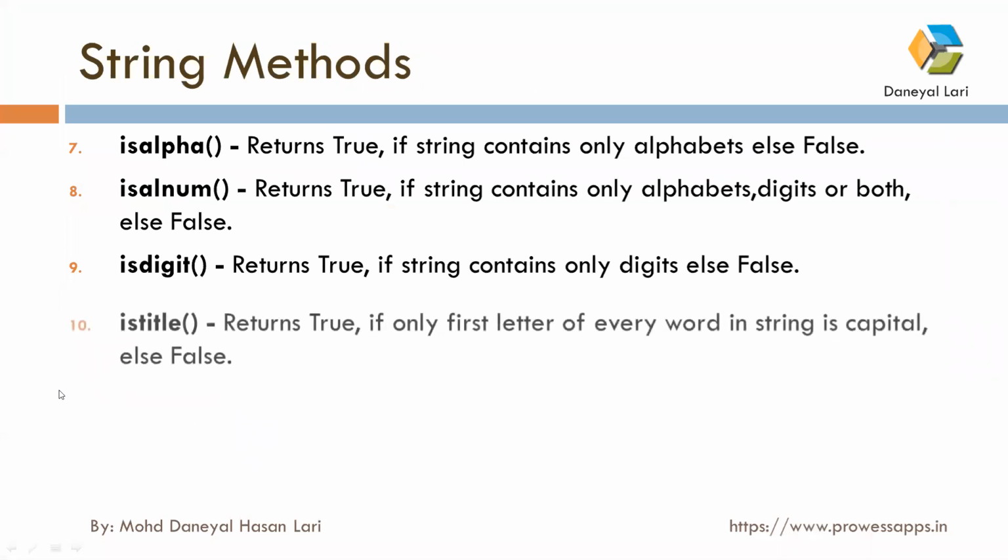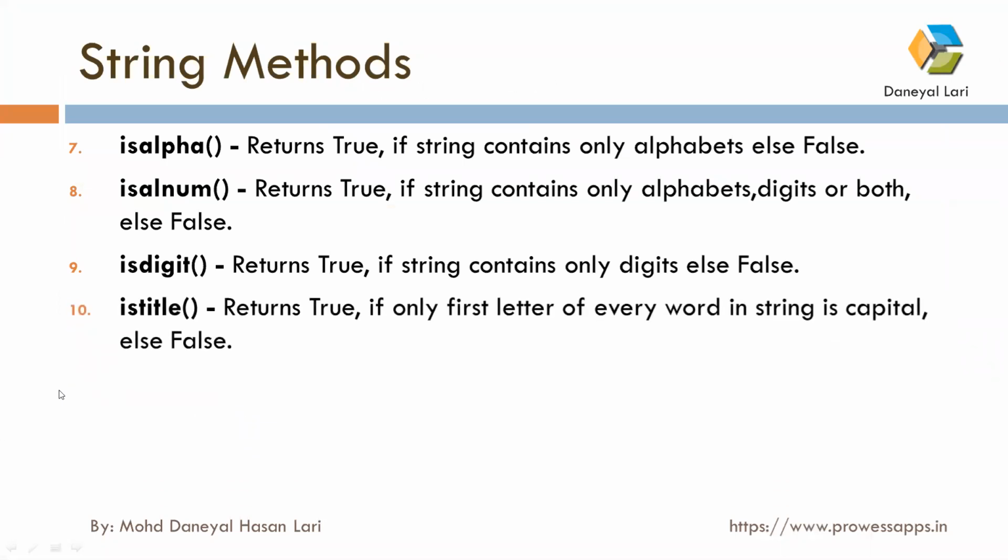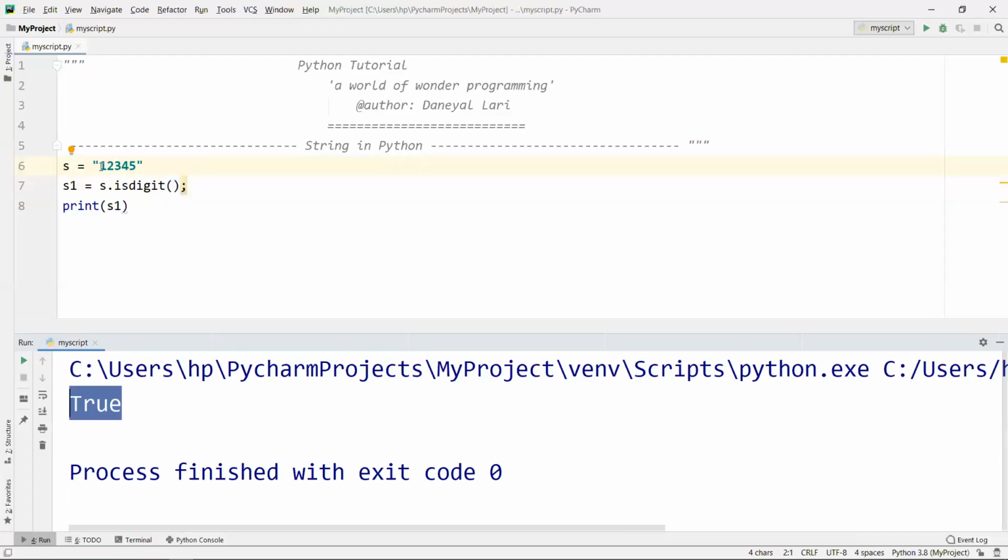Next method is istitle. We know that title means if a string contains words, then every word's first letter is capital. So to check whether the string is in proper title form or not, you can use istitle. For example, if I write like this, as you can see here, my string contains two words and every word's first letter is capital.